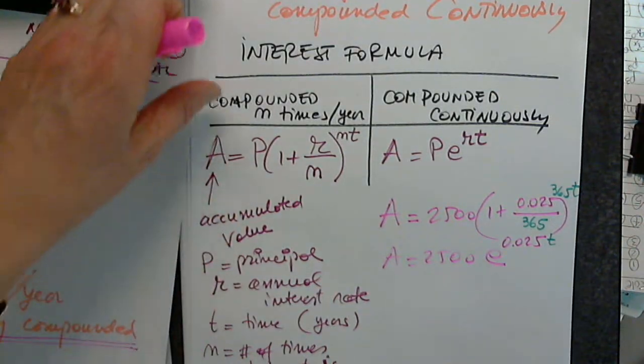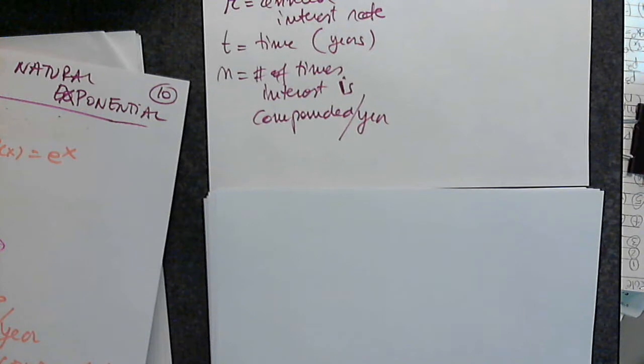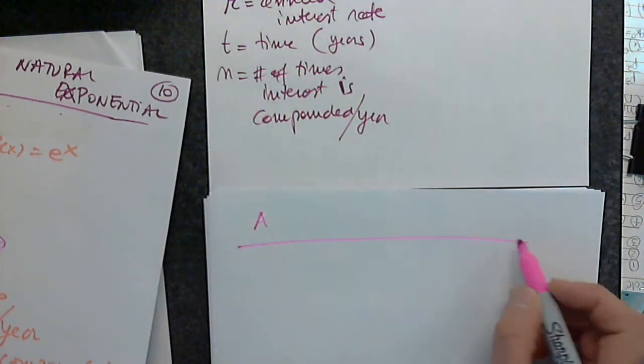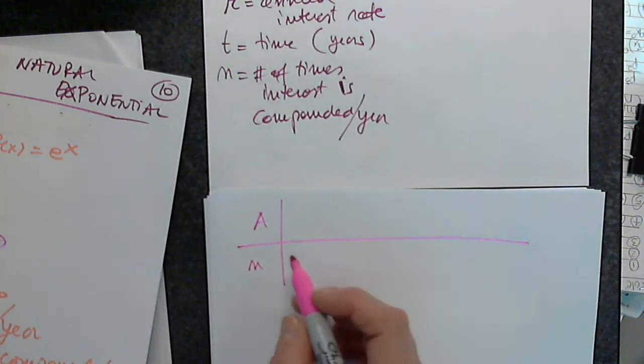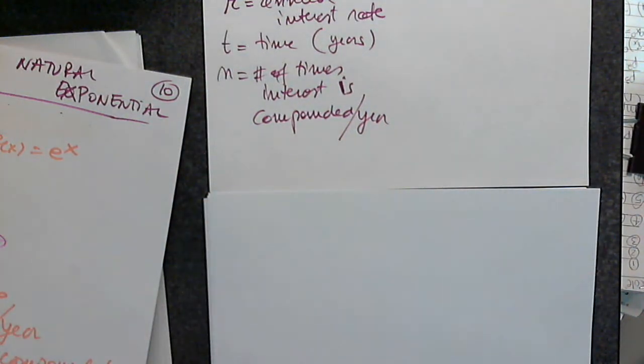So I'm going to create a little table so I can put all the information in the table. So A compounded and n and time. I prefer putting time first, always.